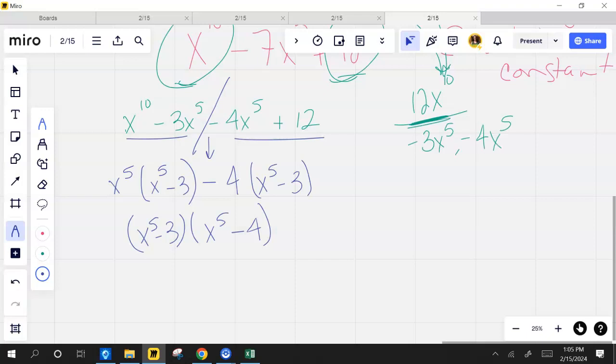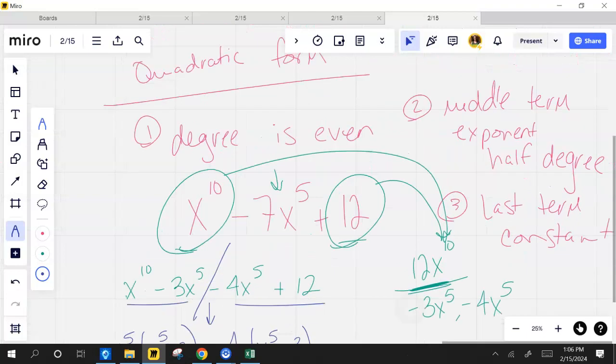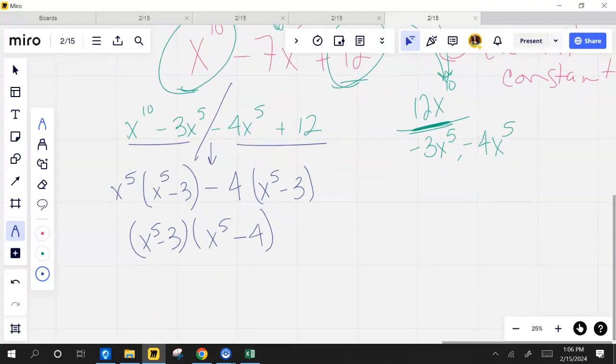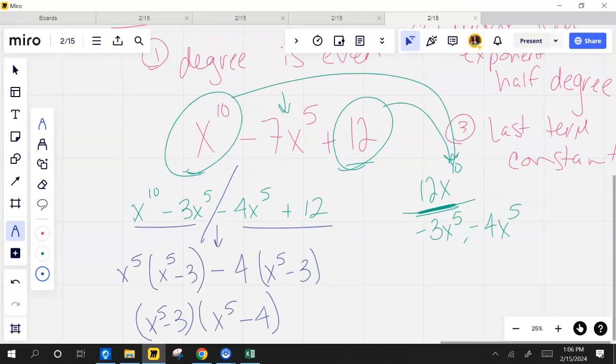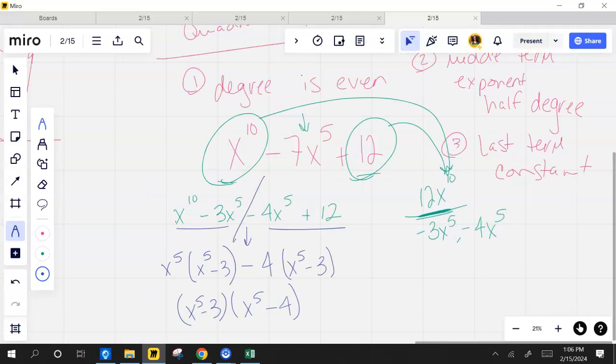How do you know how many solutions you should get? This just reminds you how to factor if it looks like this. That's the only real, it's not even new. Then you would go through and find the zeros, the multiplicity. You couldn't factor it that way. You'd have to try to find something else.